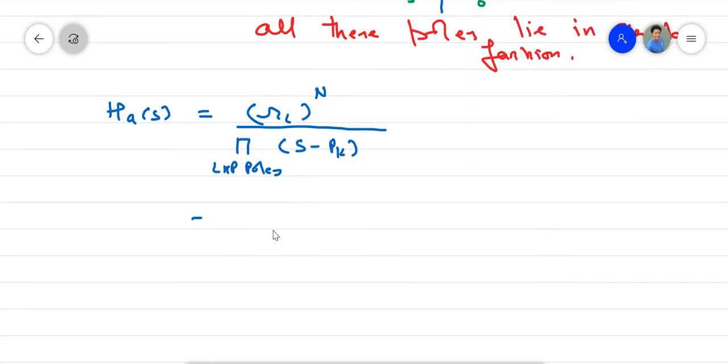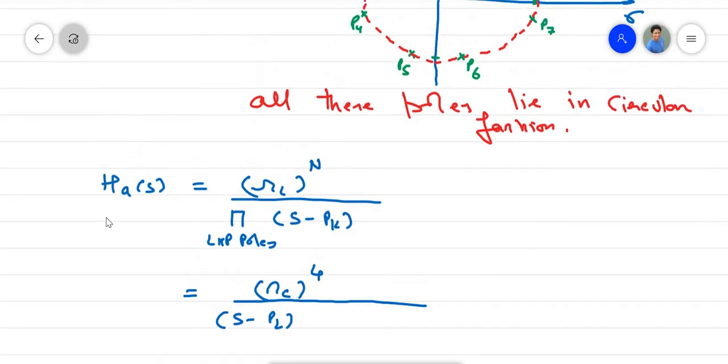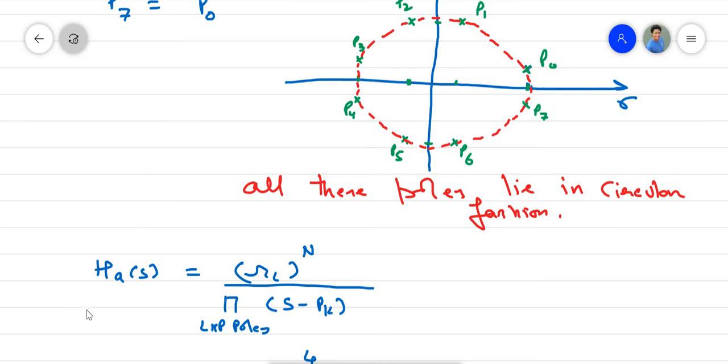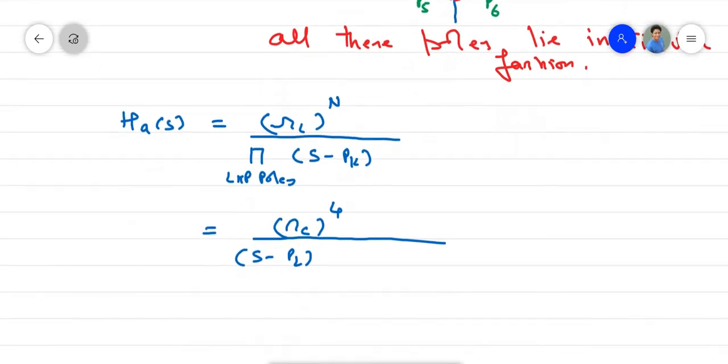So it will be omega c to the power 4 over s minus P2, as P2, P3, P4 and P5 lie in the left hand plane. So we will address only those poles: s minus P2, s minus P3, s minus P4 and s minus P5.